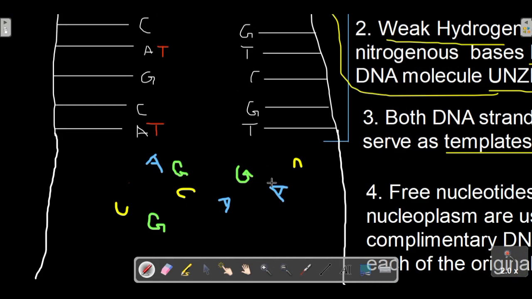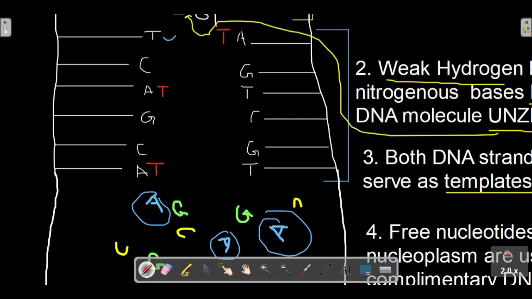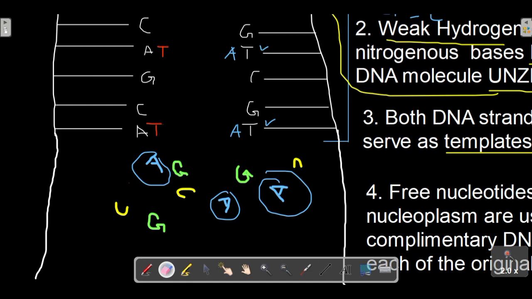How many adenines do we have? 3 as well, because we have 3 thymines. Remember, the amount of adenines will always be equal to the amount of thymines, and the amount of guanines will always be equal to the amount of cytosines. So these 3 adenines will bond with the complementary nitrogenous bases. You have adenine here, here, and here. There we go. So now we are done with adenine.